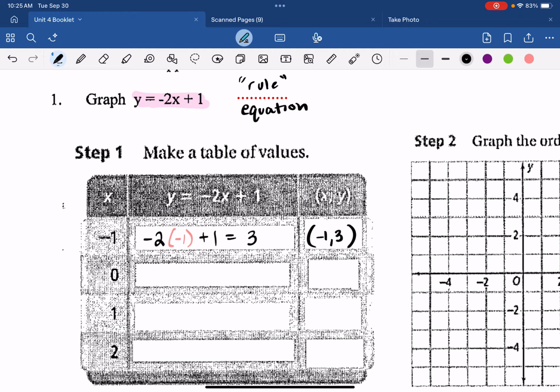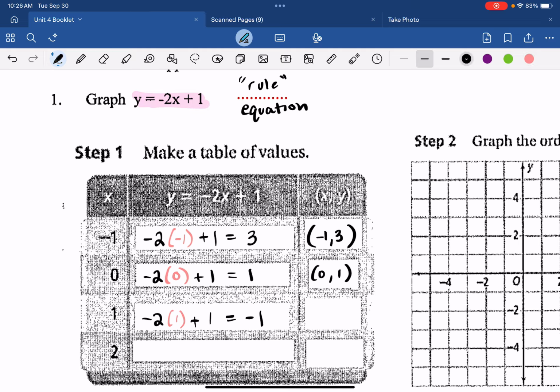Let's try the next one. I use the same equation, but this time, instead of plugging in a -1, I'm going to plug in a 0. I solve, I get a 1. So as an ordered pair, we'd have 0, 1. You would follow this trend. We're going to try the next one. I plug in a 1.